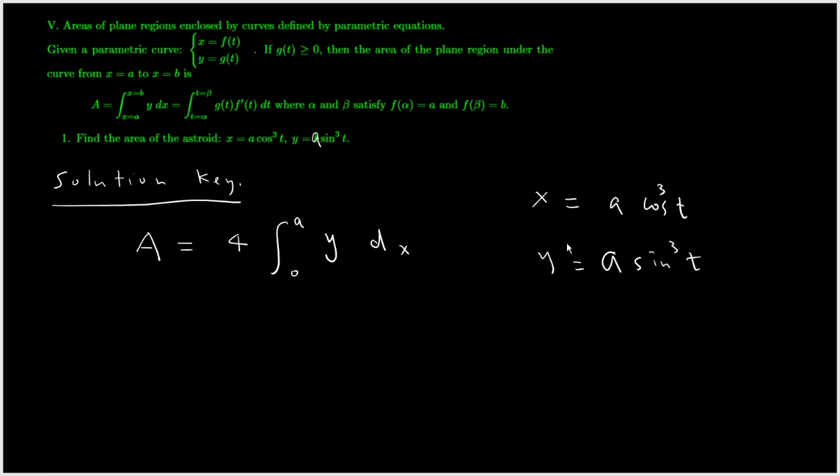Now we want to convert the integral to a new integral of t. So it's going to be 4 times. Okay, everything is going to be in terms of t. So does that make sense?